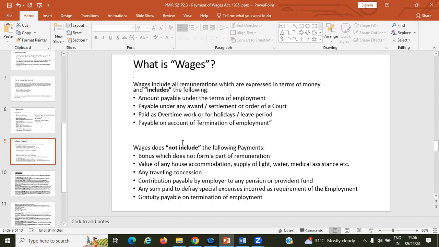And the next thing, I'll give you a slide which will talk about all important clauses, important sections of this act. Then we'll also discuss what are the main features of this act.